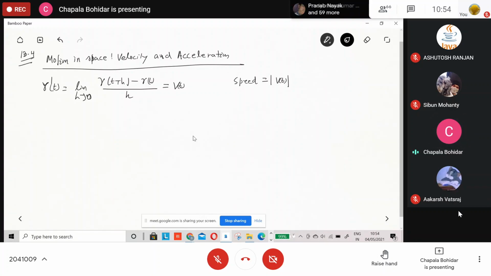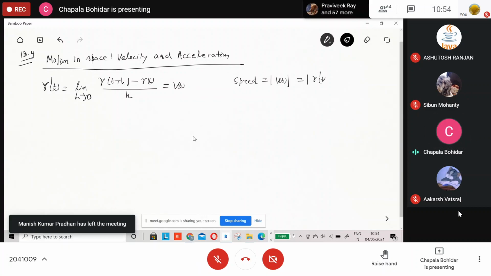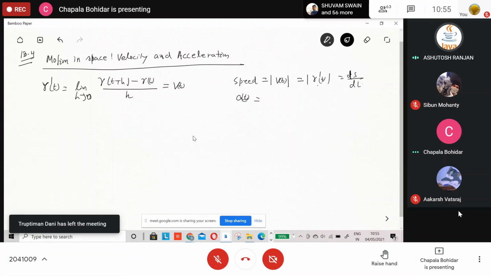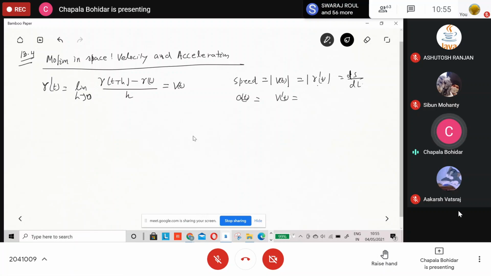The absolute value of v(t), that is the absolute value of r dash t, is equal to ds by dt. Now acceleration. Acceleration is equal to v dash t, which is equal to r double dash t.